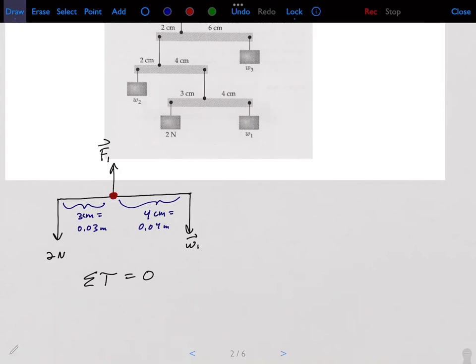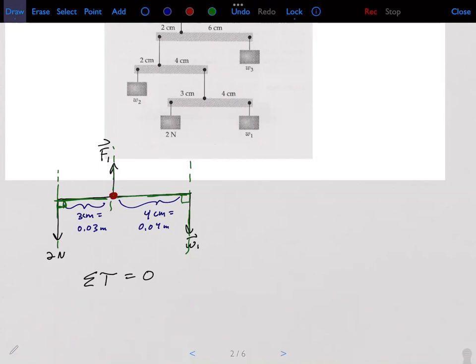In terms of moment arms, if these are the lines of action of the forces, then this is the moment arm for weight 1, which is just that 0.04 meters. That is the perpendicular distance. This is the moment arm for that 2 newton weight, 0.03 meters. And F1, since it goes right through the axis of rotation, doesn't have a moment arm.